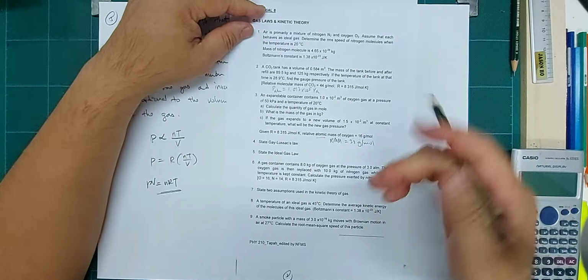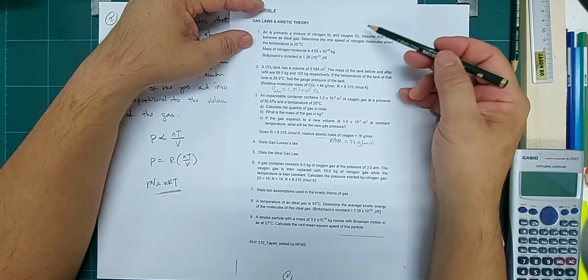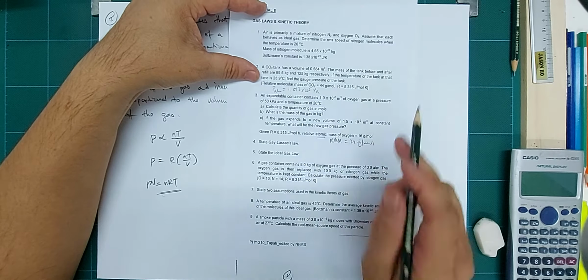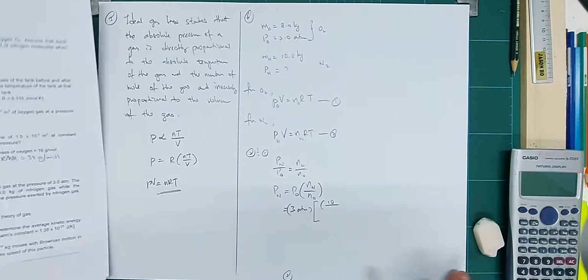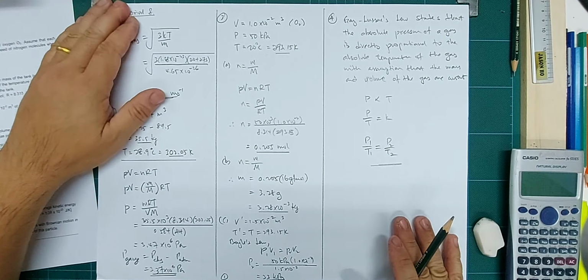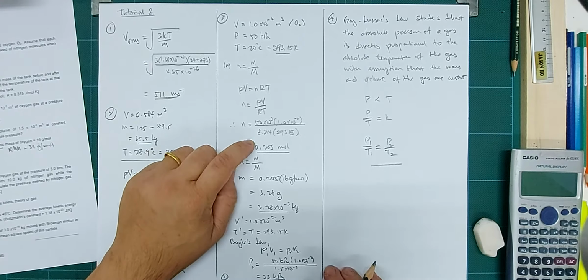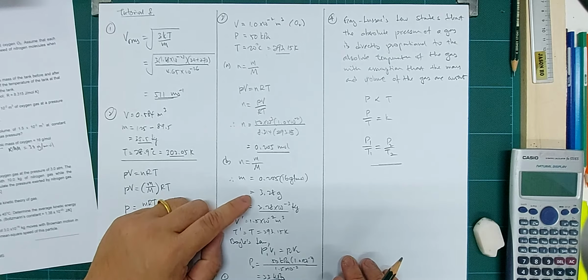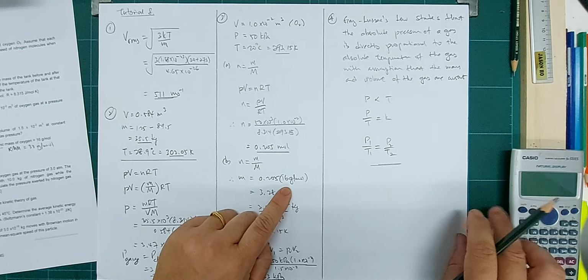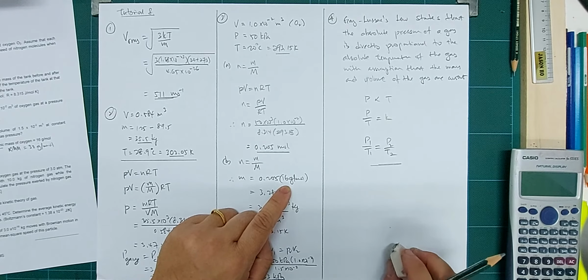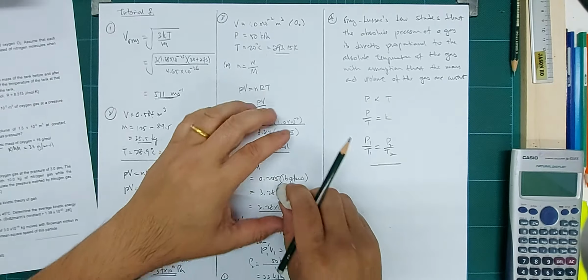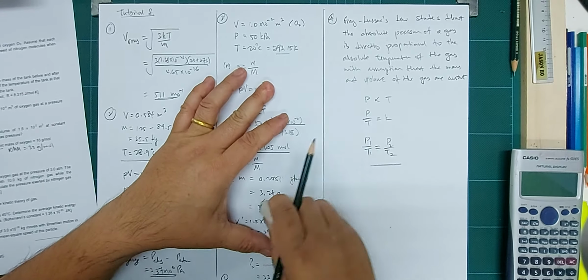So before we proceed to more errors, I will check first. Okay, I need to go back to question number 3. Sorry guys, to check my calculation there. Where's the error here? The error should be here. This one is talking about oxygen gas, right? It should be 32 here. Sorry guys, this is 32.